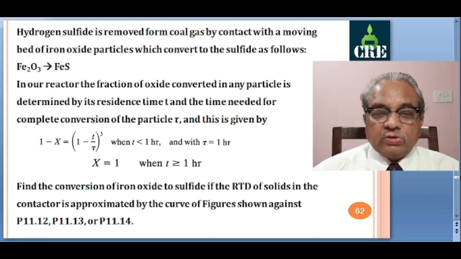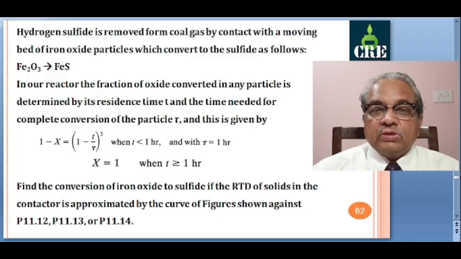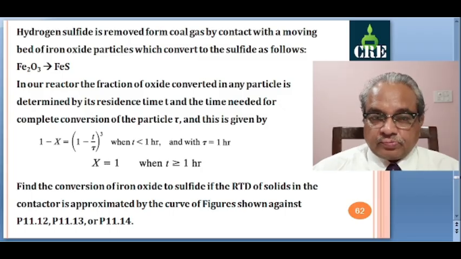Now here we have the set of three problems: 11.12, 11.13 and 11.14. Hydrogen sulfide is removed from the coal gas by contact with a moving bed of iron oxide particles, which convert to sulfide as follows. So this Fe2O3 is converted to FeS.